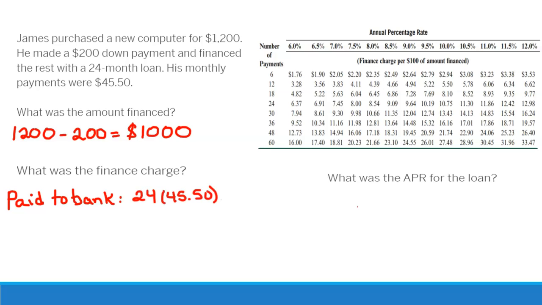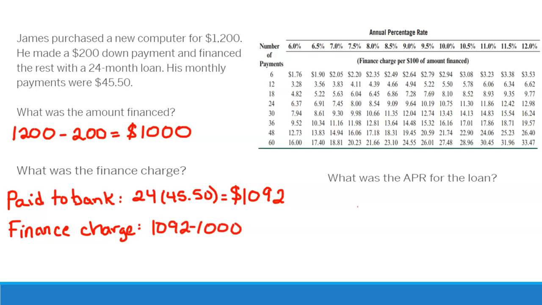Over 24 months, he paid 24 times $45.50, or $1,092. Of that $1,092, $1,000 was the amount he financed. The rest is the interest, or the finance charge. So the finance charge is $1,092 minus $1,000, or $92.